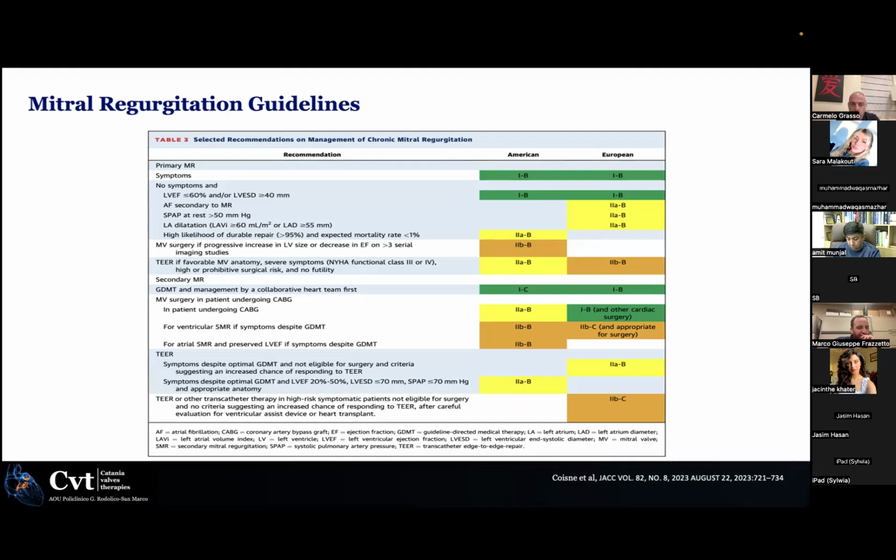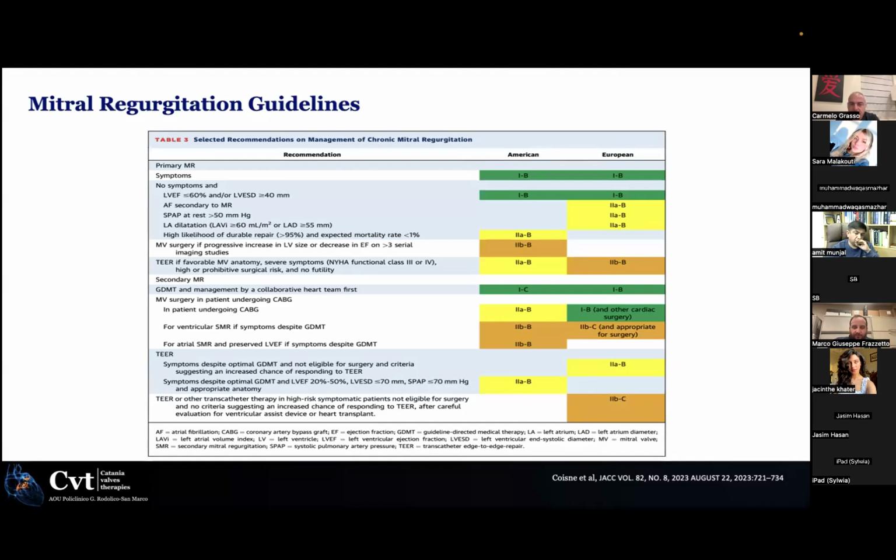But in Europe, we also treat patients who start to have enlargement of the left atrium or an increase in pulmonary artery pressure. In the American guidelines instead, you have to treat patients in whom the repair, not transcatheter, just the repair, has a likelihood of durable repair and an expected mortality rate that is very low, meaning less than 1%.